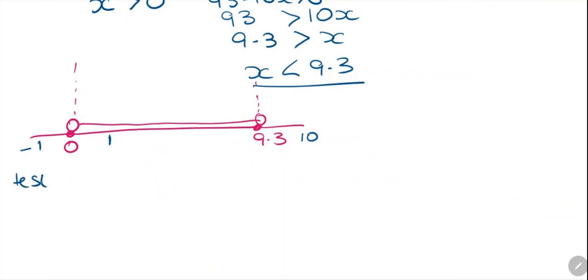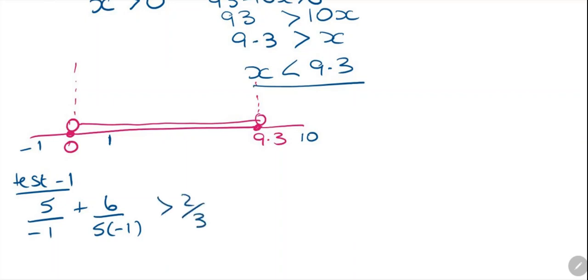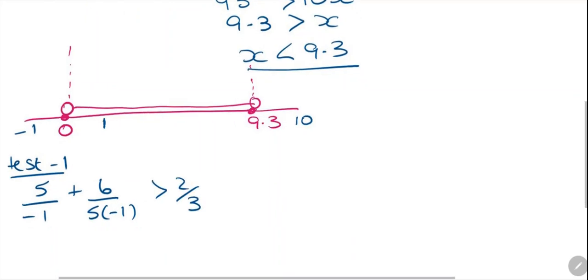So let's test -1 first. Into the original equation. So we have 5 divided by -1 plus 6 divided by 5 times -1. I want to see if this is greater than 2/3. So we have -5.